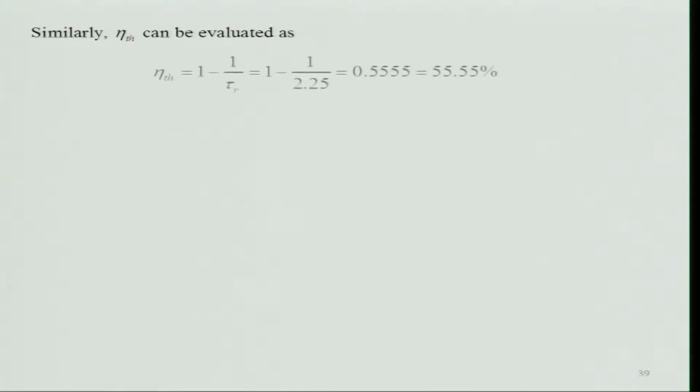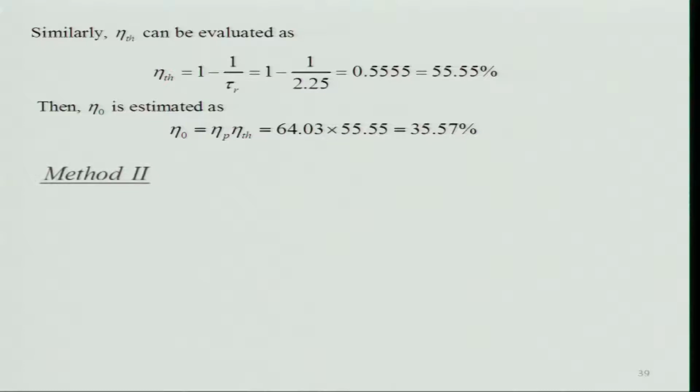Similarly, thermal efficiency, we know this tau R 2.25, and you can get 55%, right? And when you multiply these things, you will get the overall efficiency 35.57%, even under ideal condition, which is quite a low value if you compare to your other engines, right?